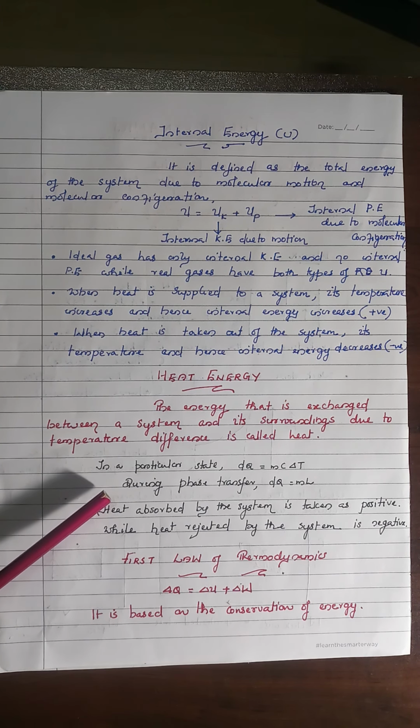But during a phase transfer, suppose ice melts at 0 degrees Celsius, dQ is equal to m into L. Here, c is the specific heat capacity and L the latent heat.